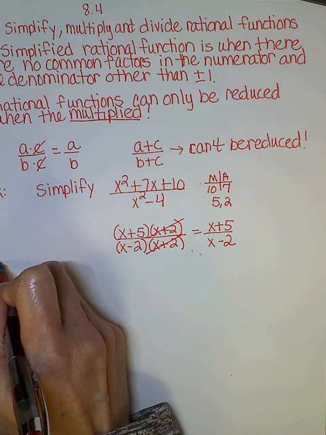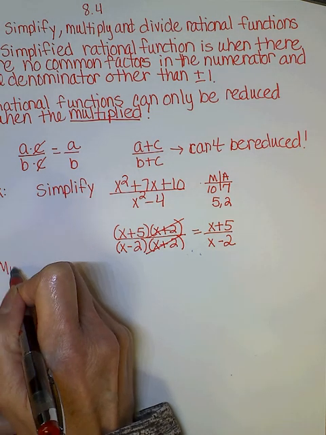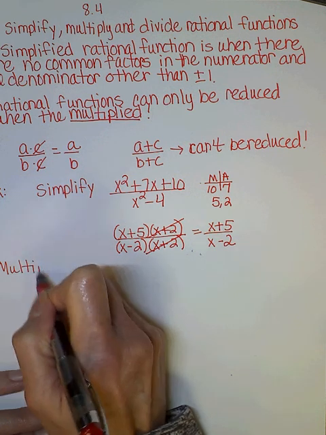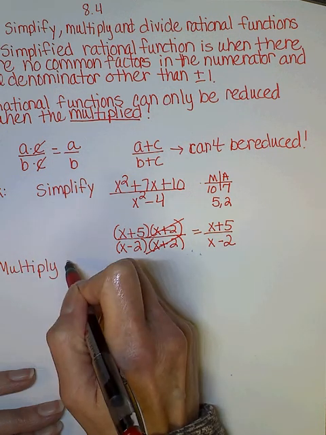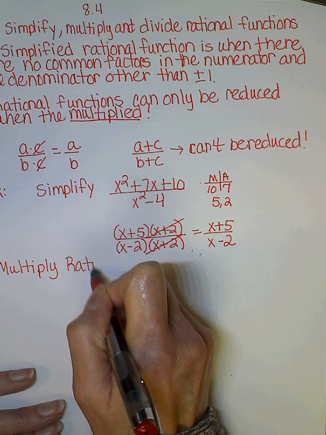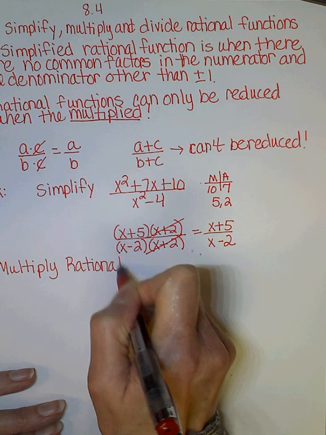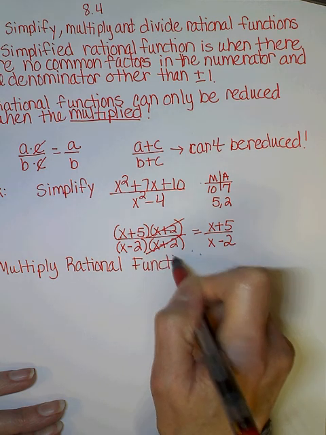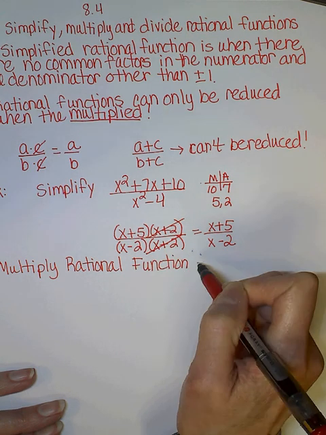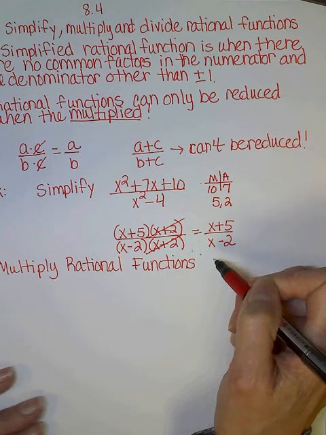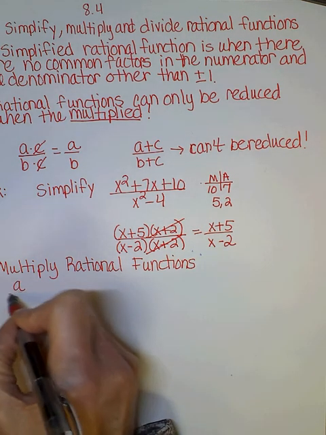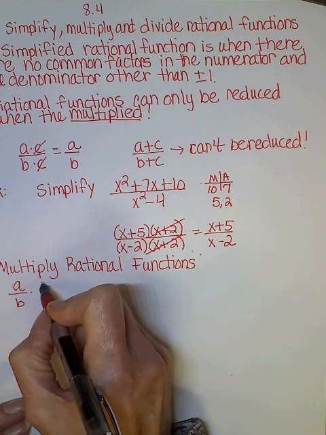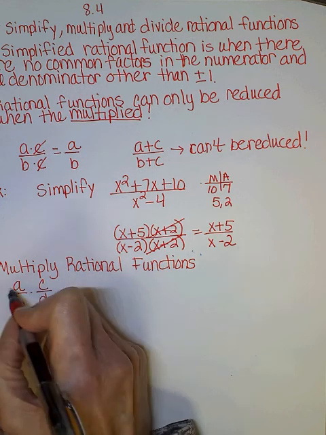Okay, now our other thing we want to do, there's two things we want to do: multiply and divide. So multiply rational functions. You're going to get a lot of practice with factoring, which is good because you need to be really good at it. All right, so remember when you're multiplying two fractions, you multiply straight across.